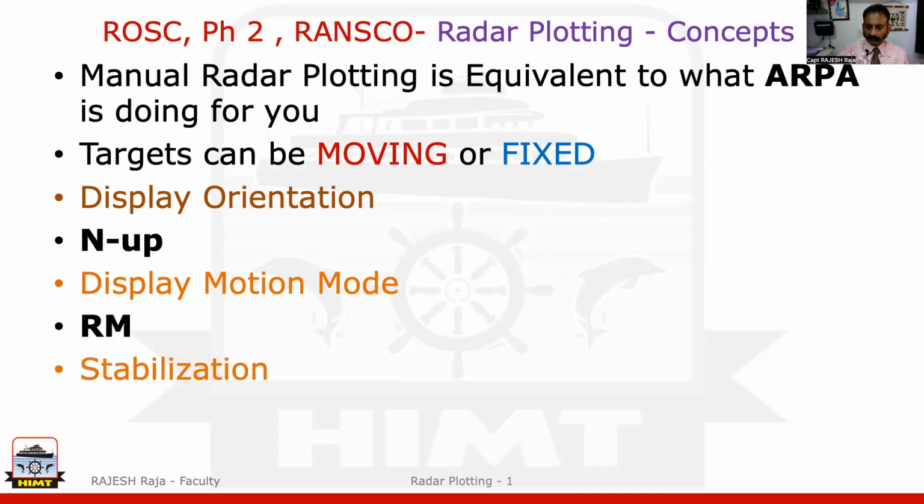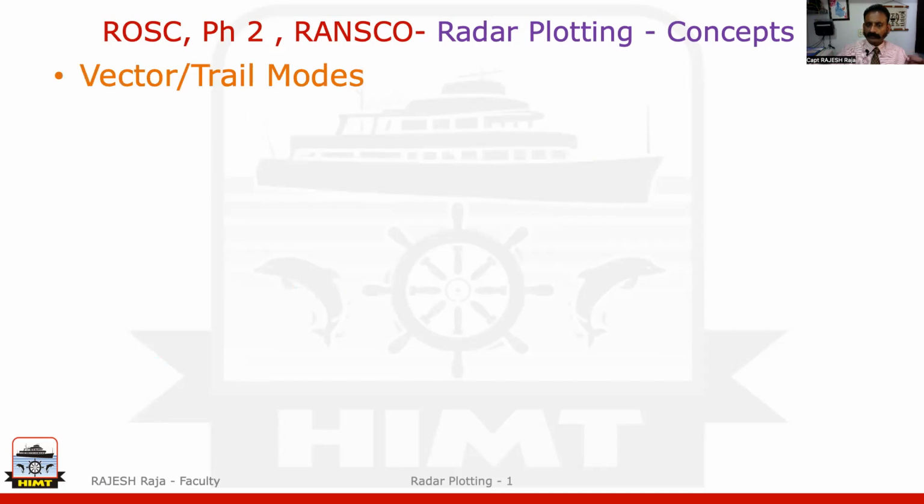The stabilization is going to be sea stabilization. Then when you look at the vector trail modes, you will come across both true and relative, but relative is more often used, and the use of relative vector is more in your radar plotting. You will realize that when you try to understand the system.